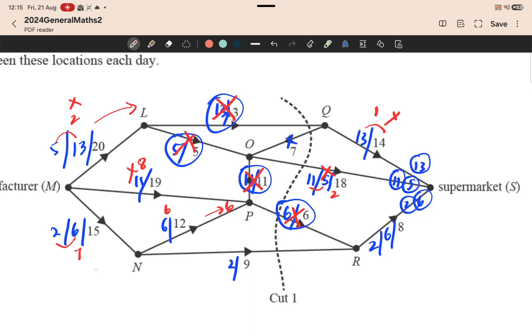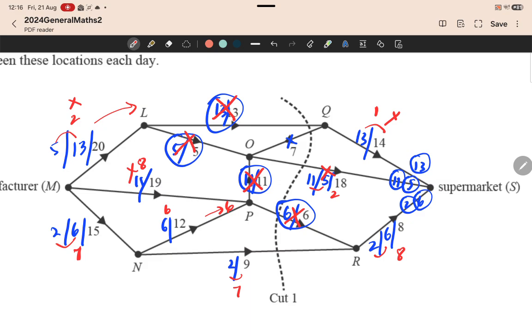So MN, NR and RS. So as we discussed previously, 7 is still possible along MN and 7 here is possible along NR, and if we look along RS, 6 plus 2 is 8 and 8 is possible along RS.